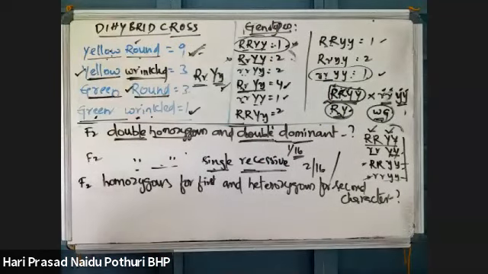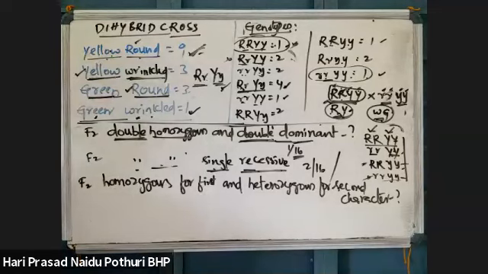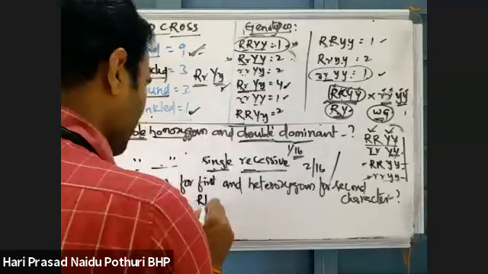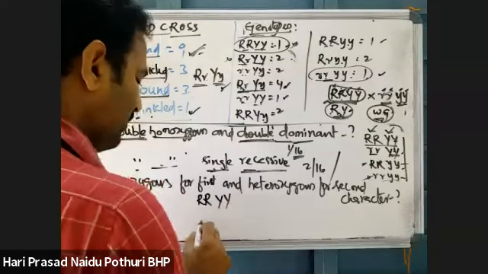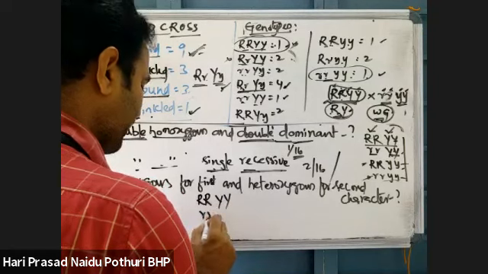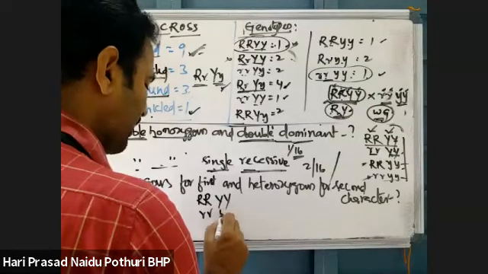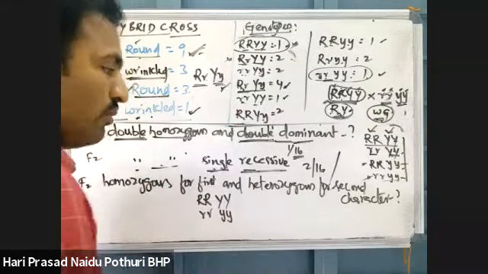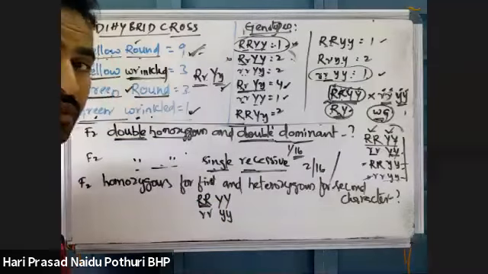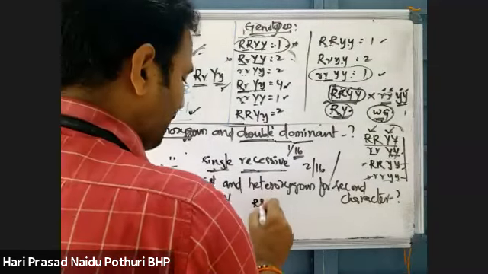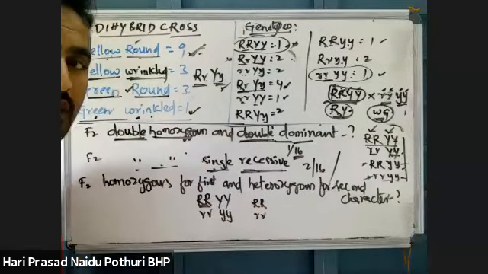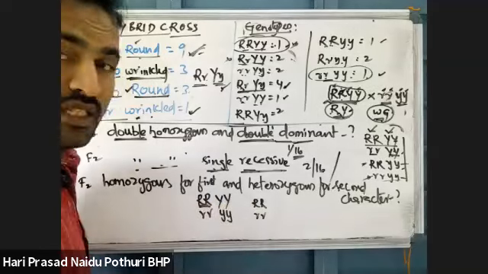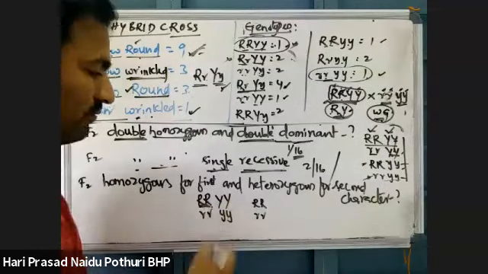Homozygous for first and heterozygous for second character. What is first character? Round. Second character is yellow. Round, wrinkled, green. Homozygous for first character means capital R is homozygous. Small r is homozygous. This is homozygous for first character.